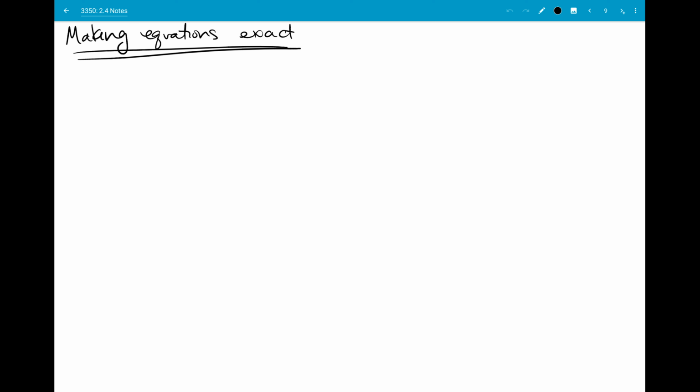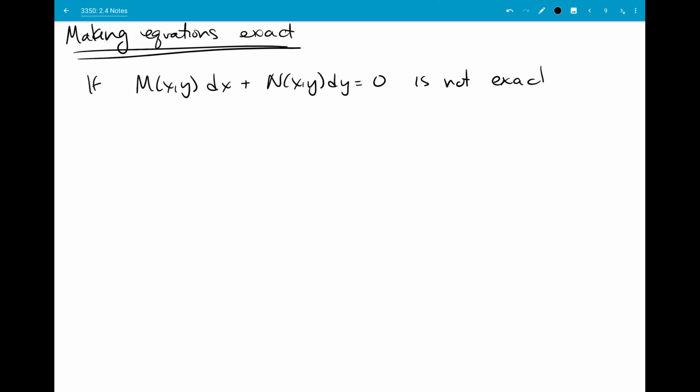So what we're going to do is we're going to say if M of xy dx plus N of xy dy equal to 0 is not exact, we're going to need to compute a couple things. So we're going to find M sub y equal to dM/dy.